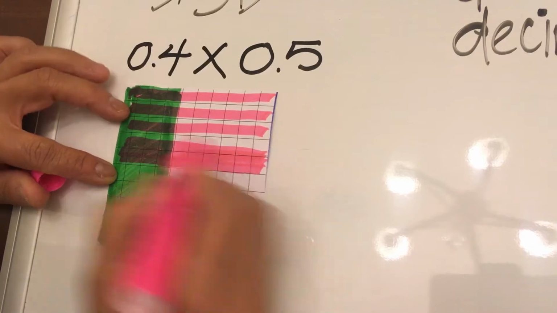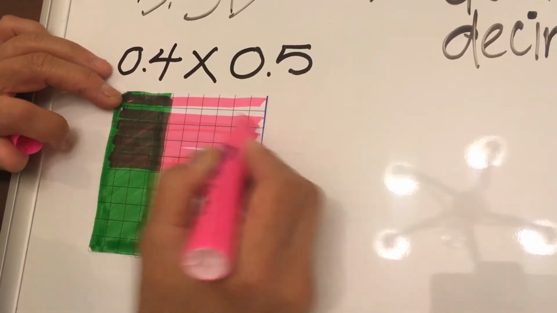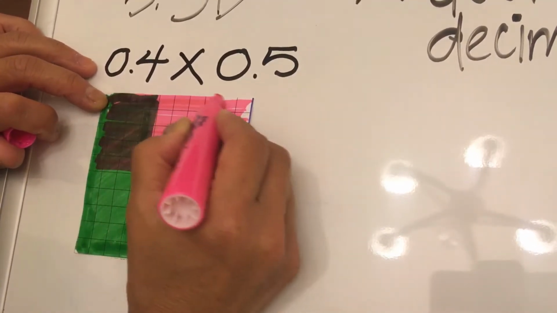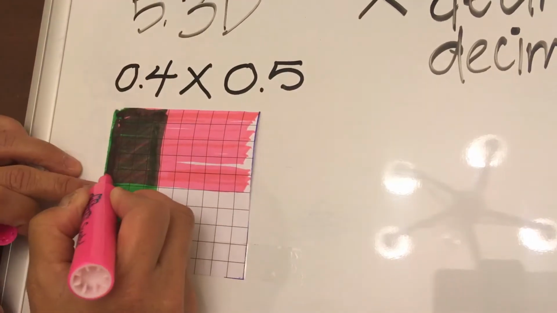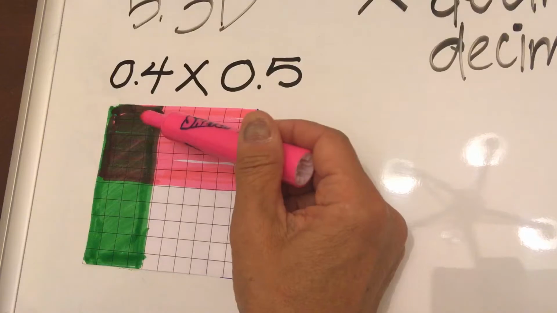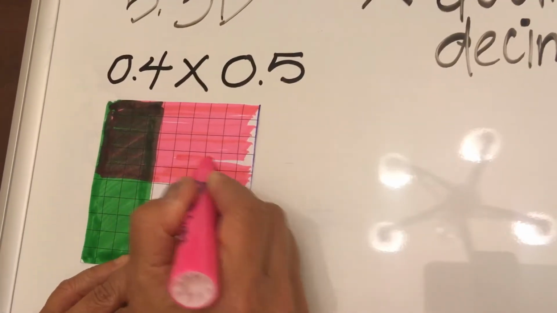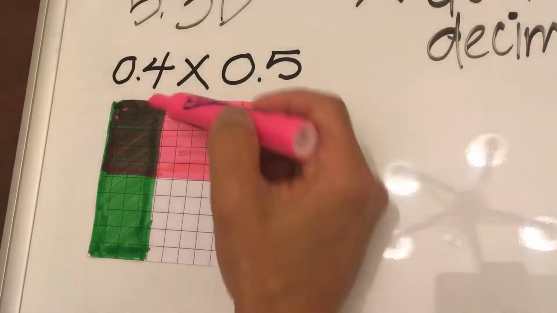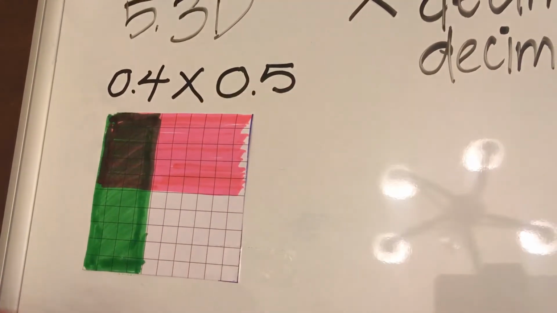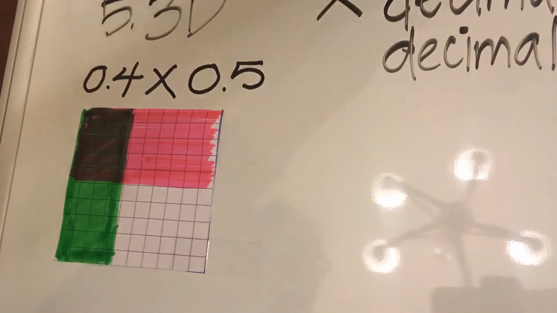I'm not going to fill up all this. So basically, what we're looking at here is these squares over here on the 4/10 has overlapped. Out of this 4/10, if I want to know how much is half of 4/10, the squares that have overlapped become my answer.